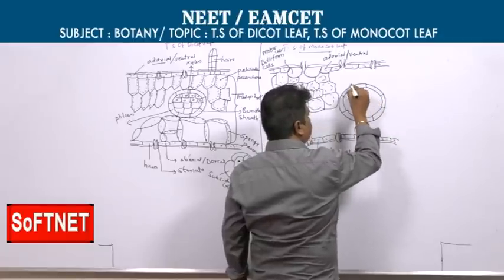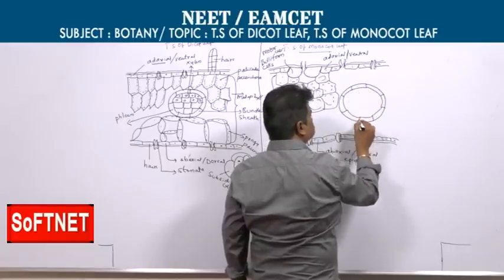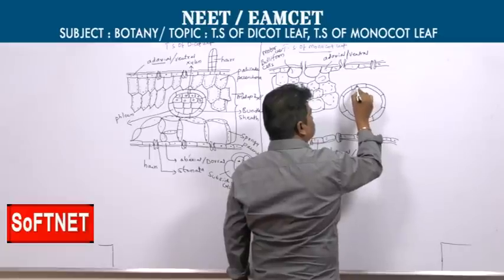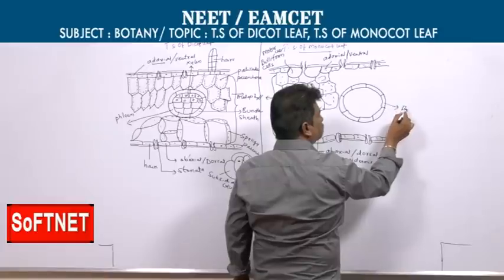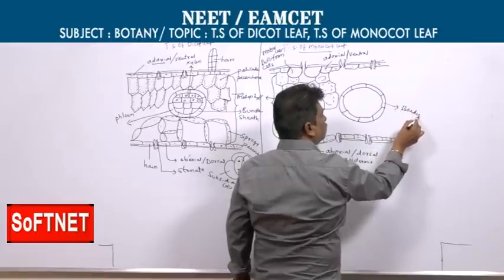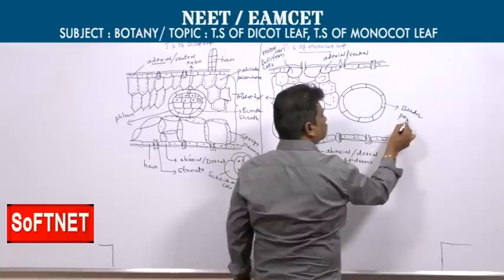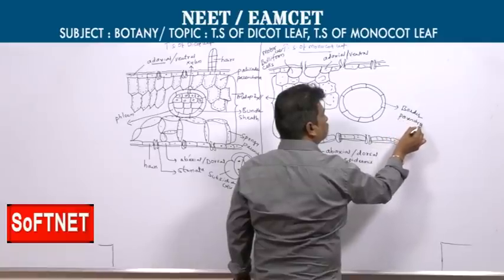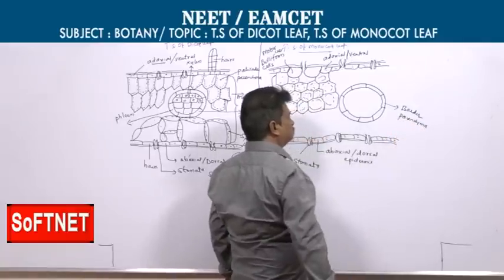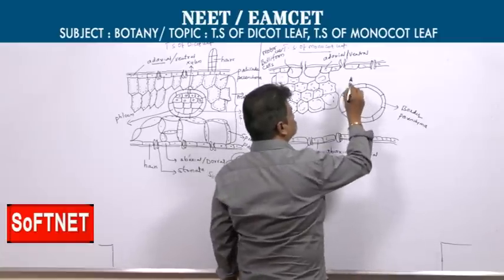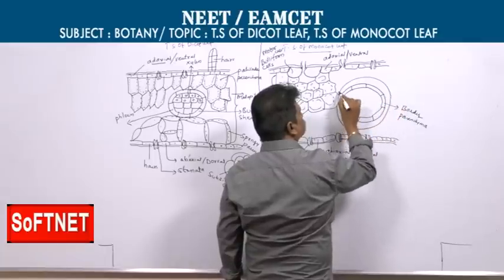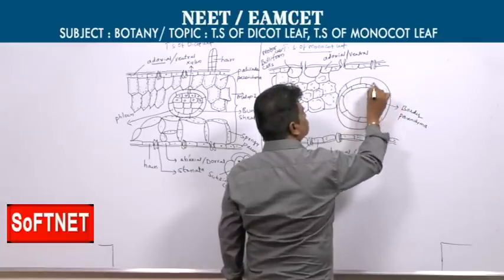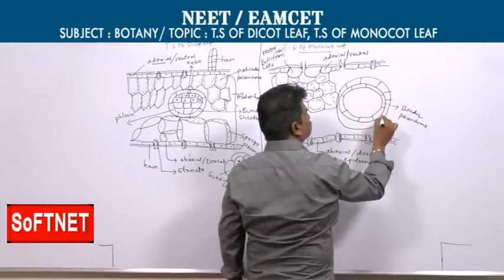Generally in monocot leaf, these vascular bundles are surrounded by a sheath called bundle sheath or border parenchyma. In some plants, the bundle sheath is two rows of cells.